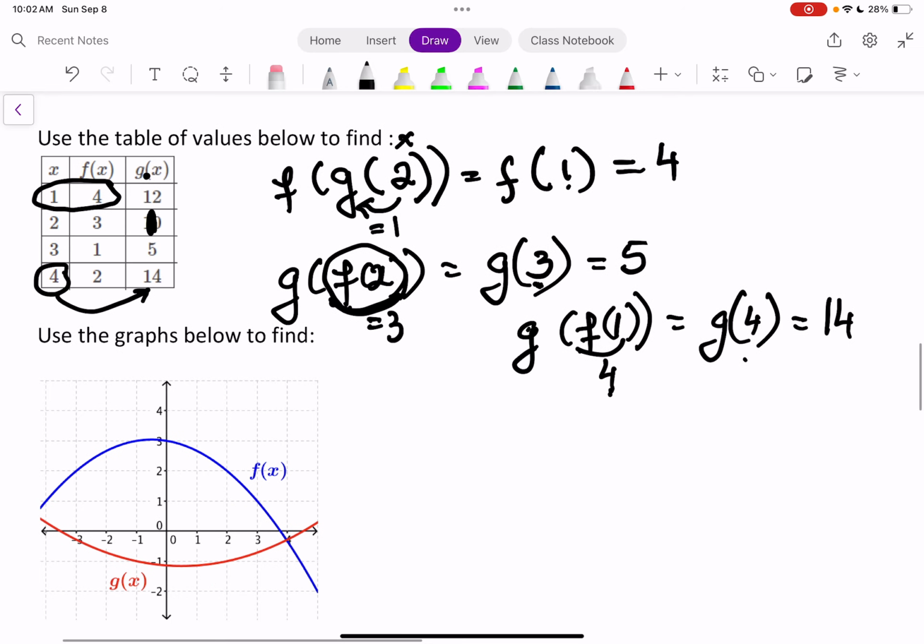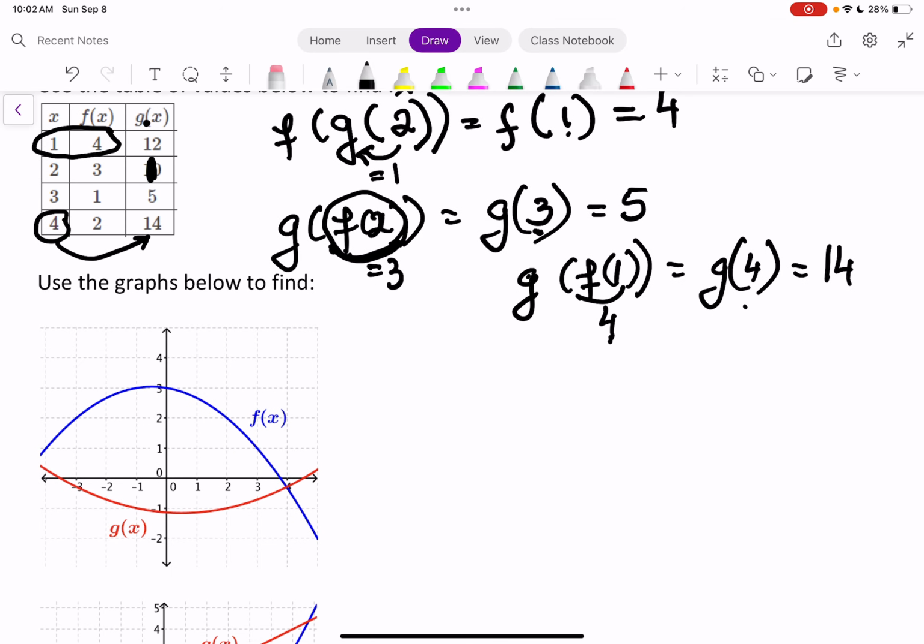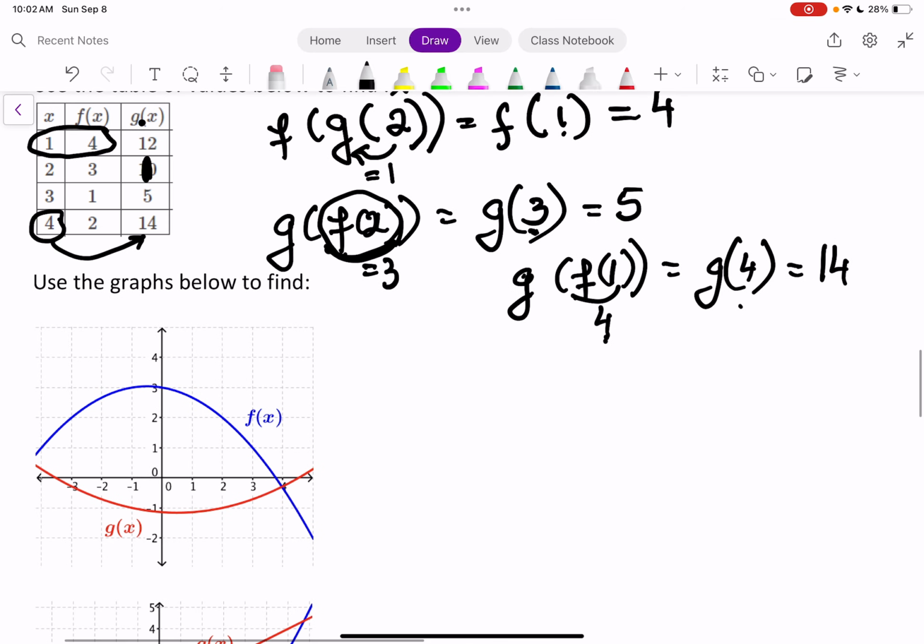So let's try this again. What would be g of f of 3? This time I'm reading graphs. So what do I look at? I'm looking at the graph of the function f of x, and it says, what is f of 3? So my input for x is 3.